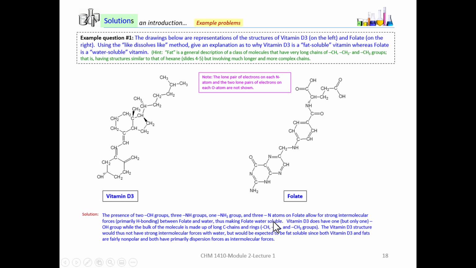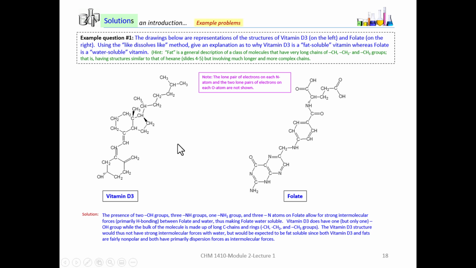On the other hand, vitamin D3, which does have one OH group, and it's right there, even though it has just one OH group, the bulk of this molecule really consists of just carbon-hydrogen chains. Carbon chains with hydrogens attached to the carbons at various points.